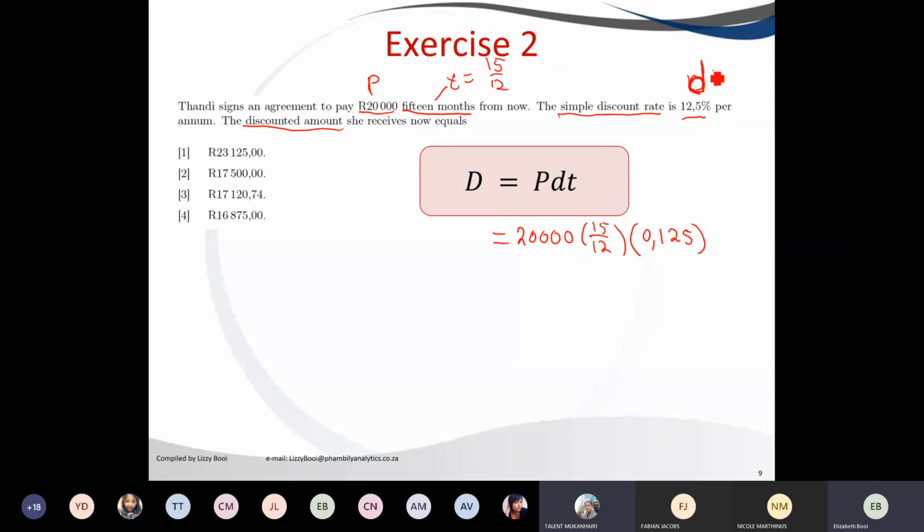And the discount, which is the small d, is 12.5 divided by 100, which gives us 0.125. And yes, that's the value you are substituting.